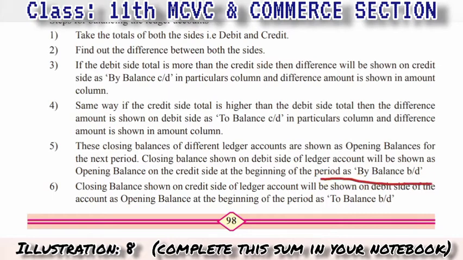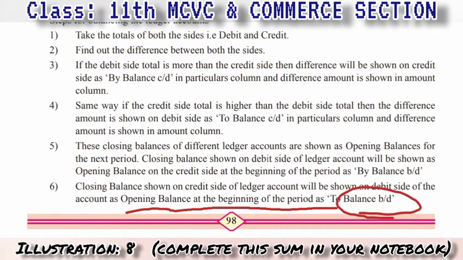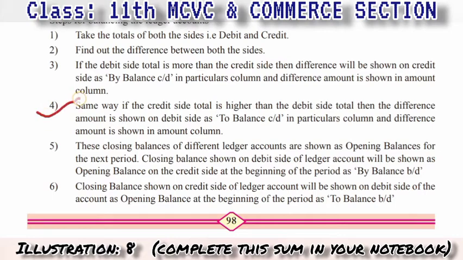And the closing balance shown on the credit side of the ledger account will be shown on the credit side as opening balance at the beginning of the period as by balance brought down. I know students, you might be confused with these 3 points, but we will understand very clearly when we solve the sums.